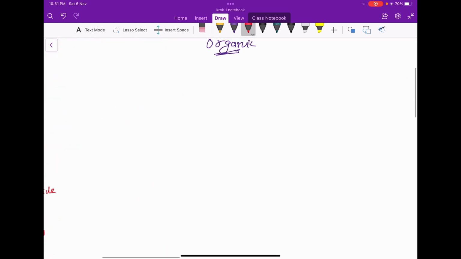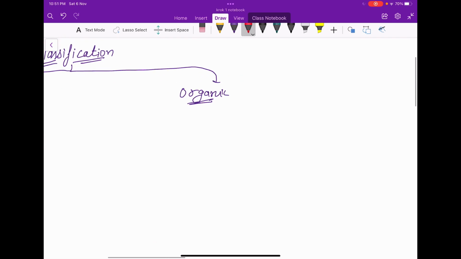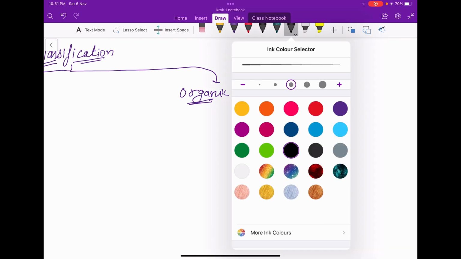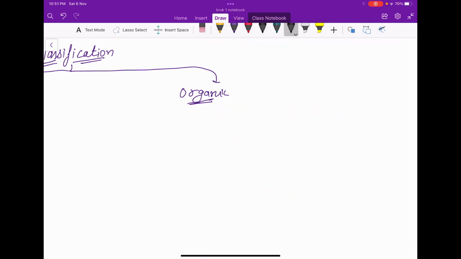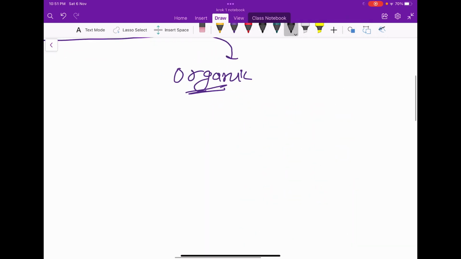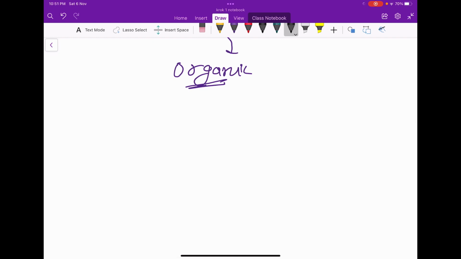Let's move towards the organic ones. In the organic substances, first of all we have the aldehydes. It consists of formaldehyde.